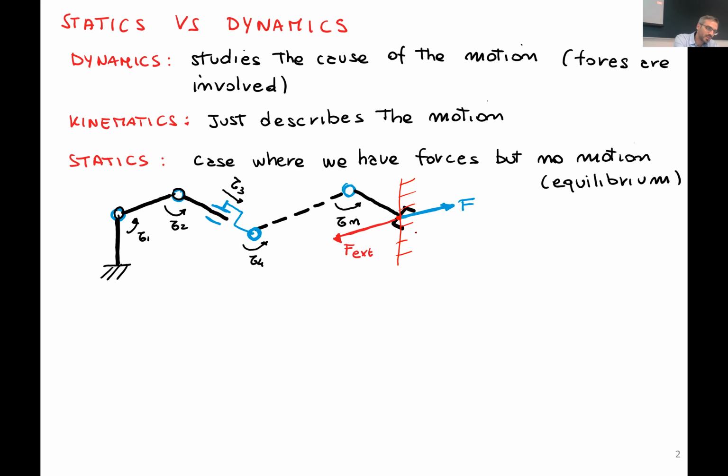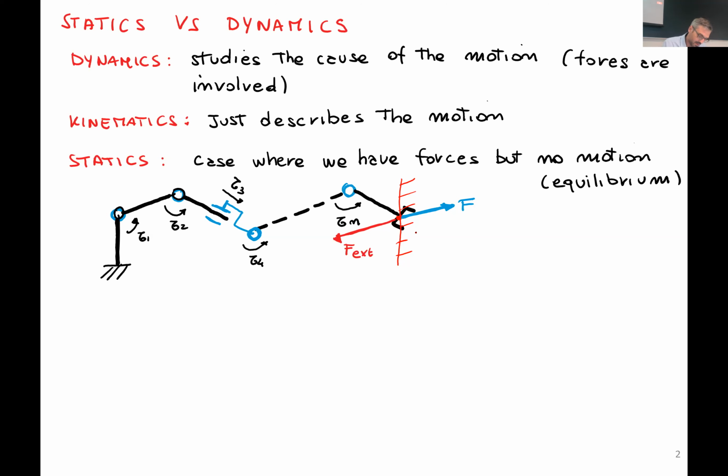You could be in contact without applying any force. So you cannot recognize that you are pushing from geometric considerations. Okay? You need to check the values of the torque of the robot to see if you're pushing.